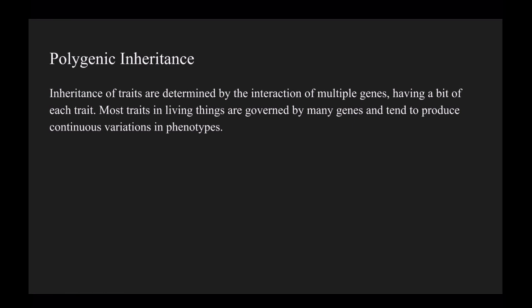Polygenic inheritance: inheritance of traits determined by the interactions of multiple genes, having a bit of each trait. Most traits in living things are governed by many genes and tend to produce continuous variations in genotypes. And that is all for today's lesson.